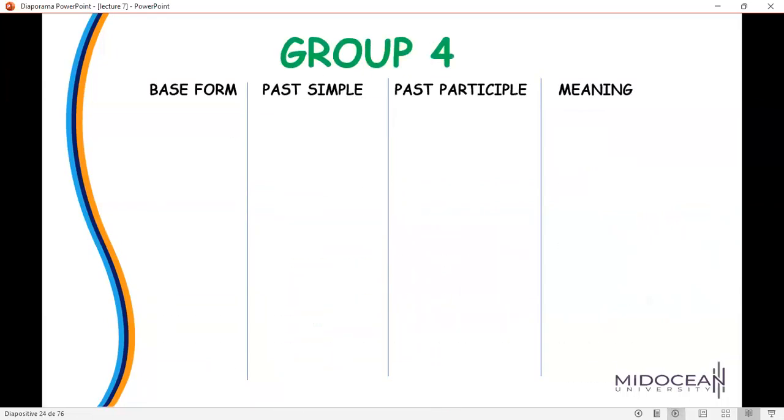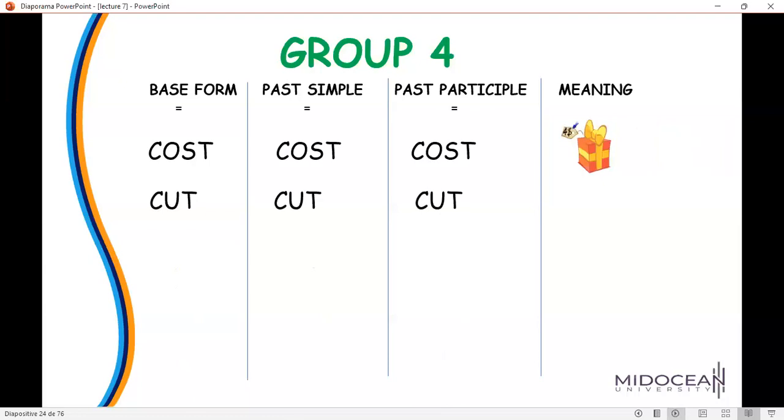Group 4. Verb cost, simple past cost, past participle cost. Cut, cut, cut. Heat, the simple past of the verb to heat is heated, and past participle is heated too.